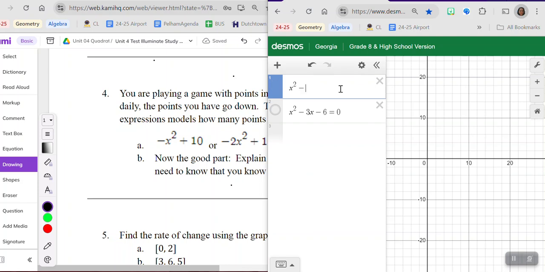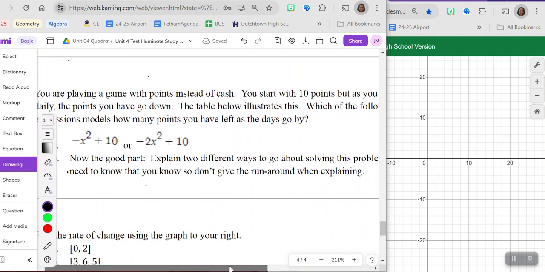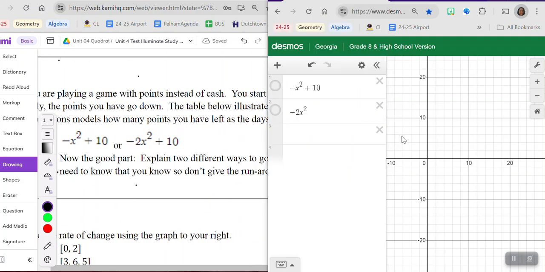All right, so it'll be minus x squared plus 10. And the other one is going to be minus 2x squared plus 10.